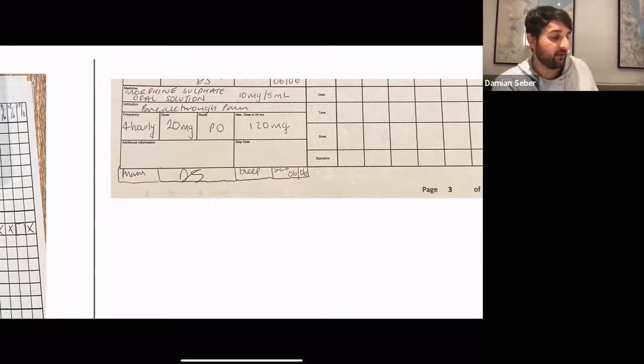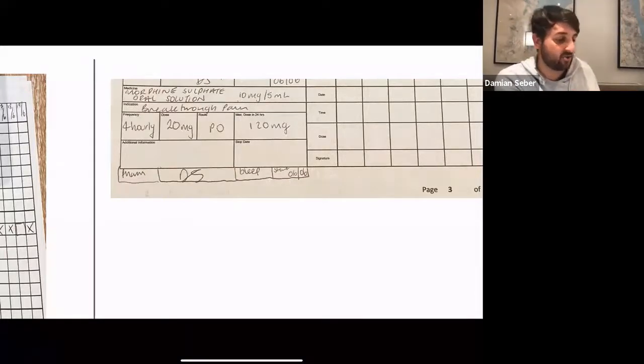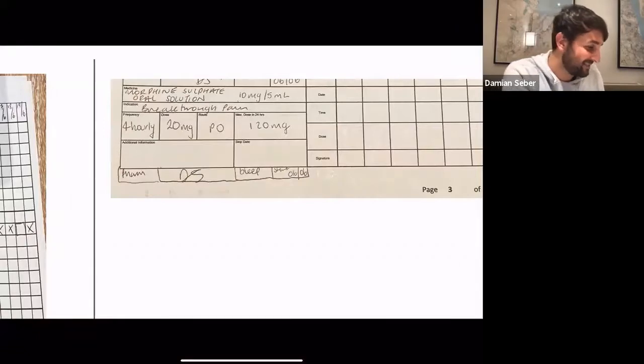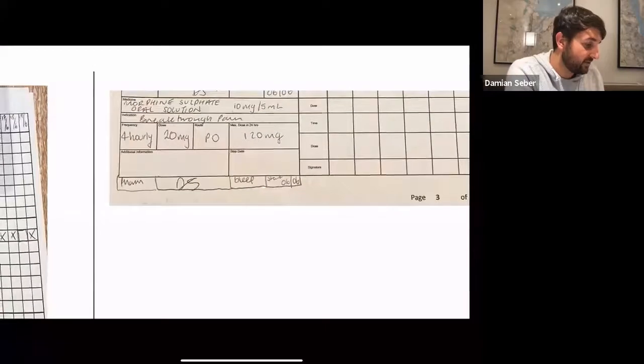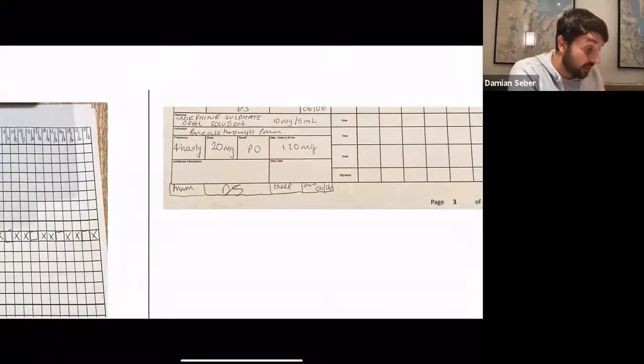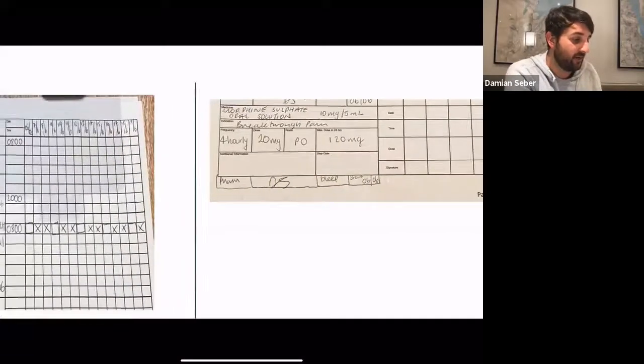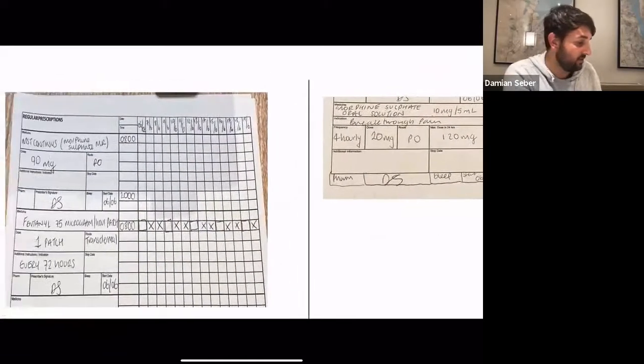So there are 6 doses if it's given 4 hourly. So 6 times by 20 is 120, if my maths is right. So that's just your max dose. And then obviously you need your signature. Sorry, it cut off my prescription at the bottom, so it's a bit makeshift there. So that's your PRN prescription, which you'd prescribe in the PRN section.